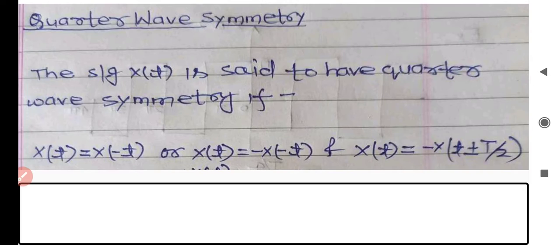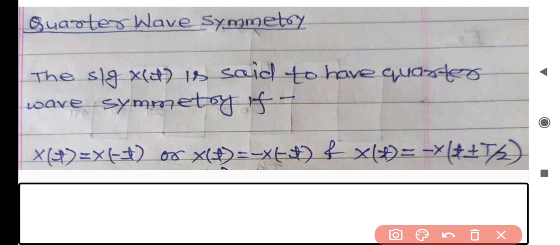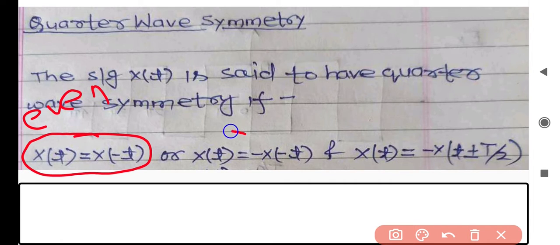If we are able to observe symmetry in the signal, it will make our calculations easy. So to identify whether the given signal has quarter wave symmetry, we have to check two things: either the signal has even symmetry, or the signal has odd symmetry.